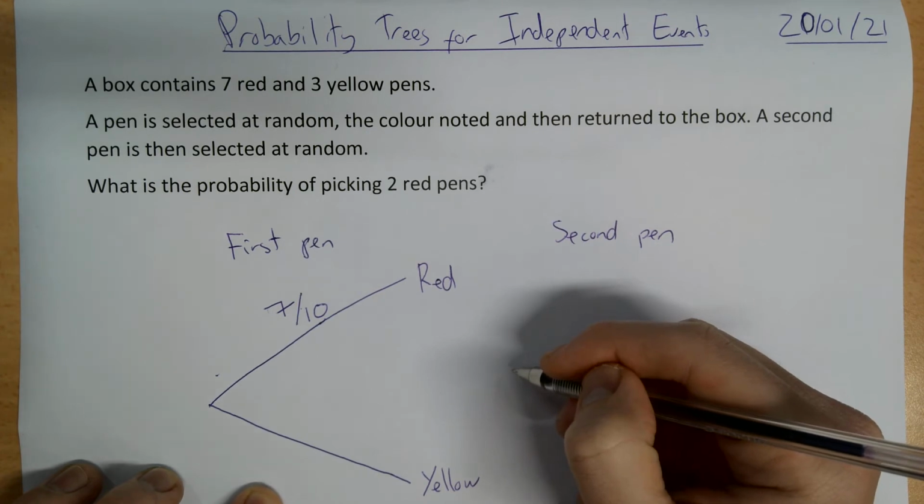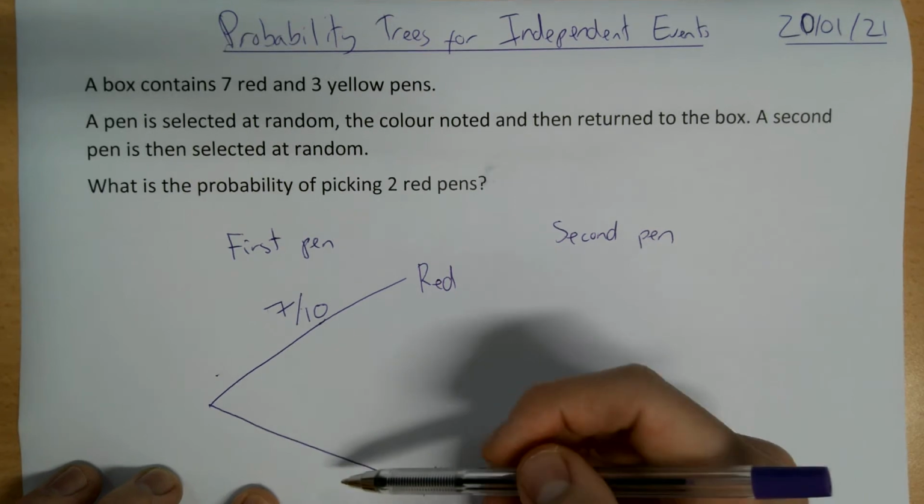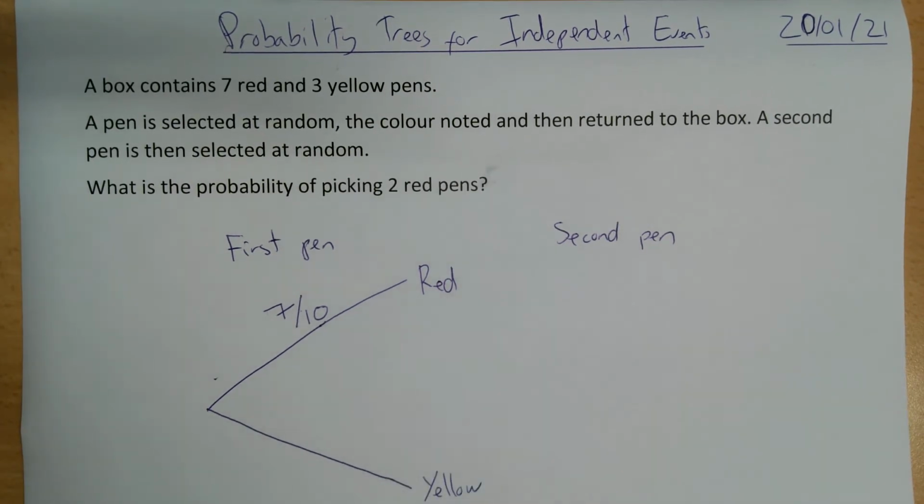Another rule that we've touched on, but not explicitly so far, is if there's a random event happening, like picking pens out of a bag or spinning a spinner or rolling a dice, all of the possibilities have to add up to 1, because it's certain that one of them will happen.